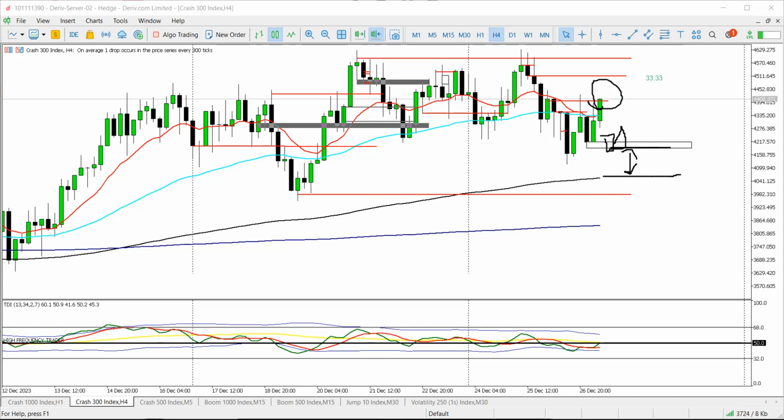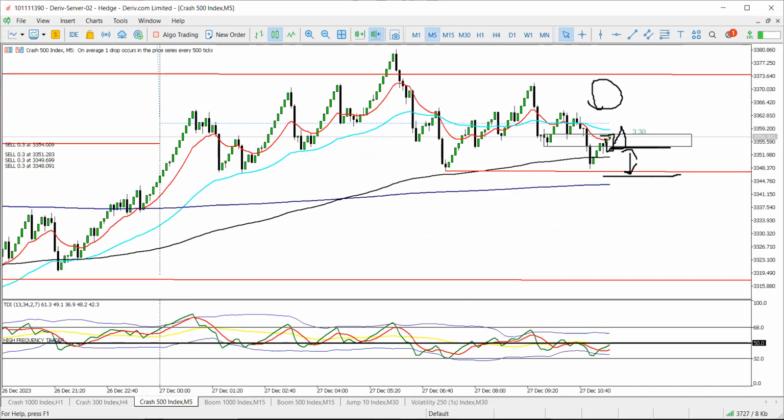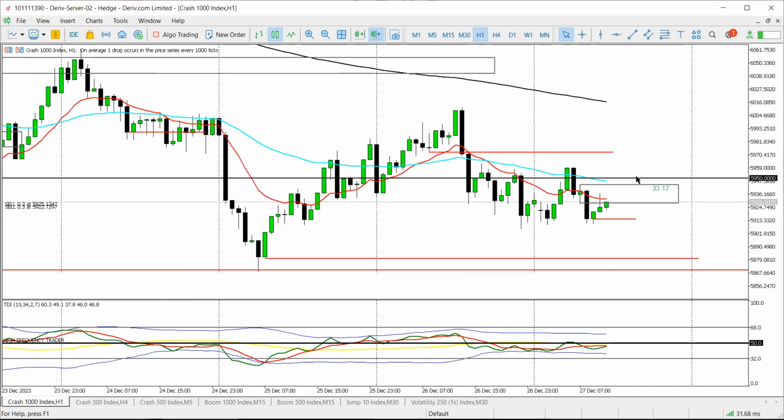I think that's it for today. We'll keep stalking and managing C500 because that's our trade of the moment. But I'm still expecting spikes right here, right where the price is. C1 looks to be pushing up, but again, I'm still anticipating spikes.